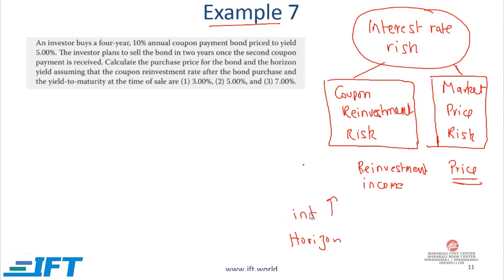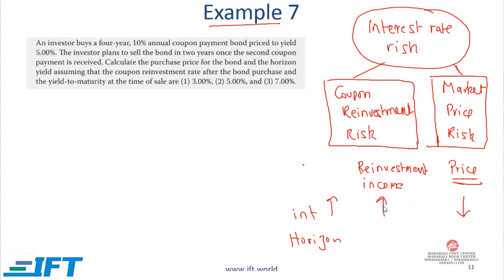What happens if interest rates go up? If this happens, then reinvestment income is higher because coupon payments are being reinvested at a higher rate. What about the price of the bond relative to carrying value or relative to the value on the constant yield trajectory? There the price will be lower.